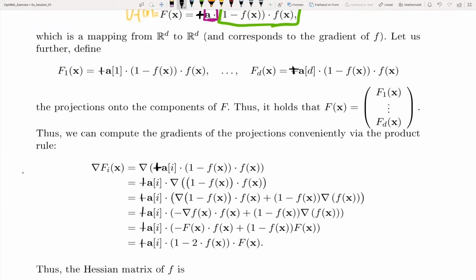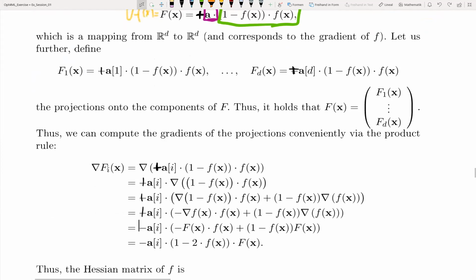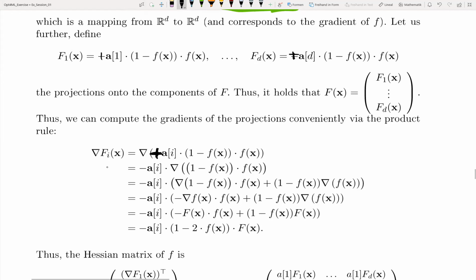It should be pluses, or somewhere we need a minus again, because it's from the chain rule, when we get the minus a out. Let's see. Okay, so at some point it's right again. So here we have a plus, right? Yeah, here it's still a plus.